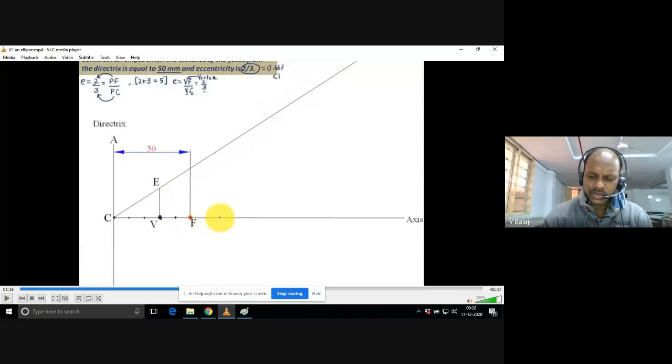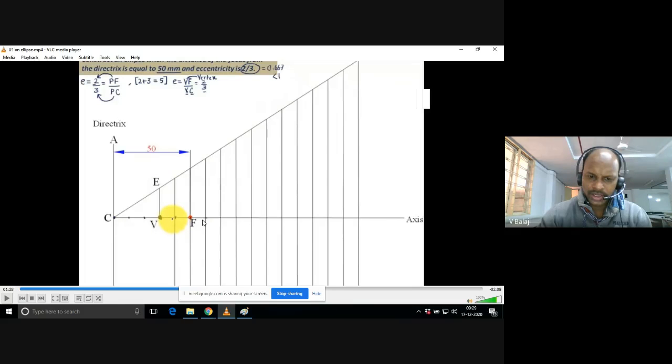Unequal distances you can also choose. I have taken this as the first point. Then the focus itself is the second point. Next I have taken so many other points. Here I am showing you equal distances, but in general you can choose unequal distances also. There is no rule that you need to maintain a 1 centimeter gap.